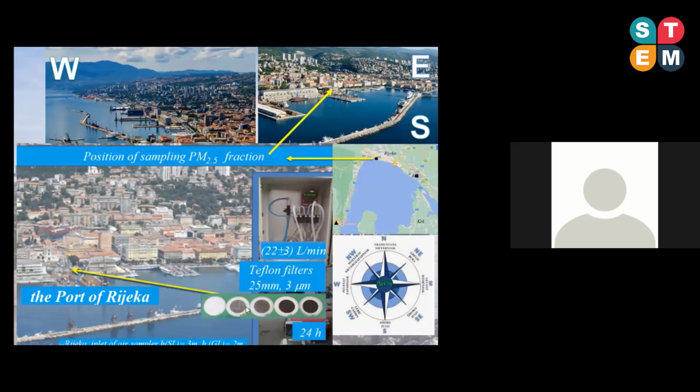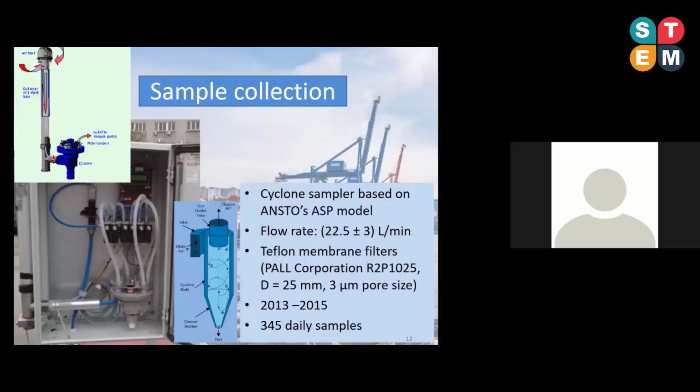All samples were collected during a 24 hour period. We used a cyclone sampler based on the ANSTO ASP model, with stretched Teflon filters by Pall Corporation and average flow rate about 22.5 liters per minute.